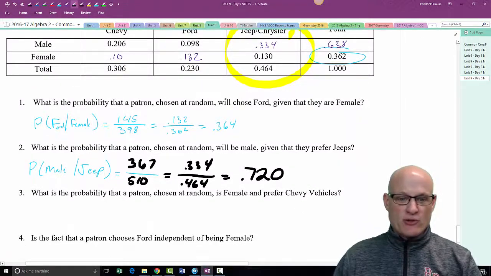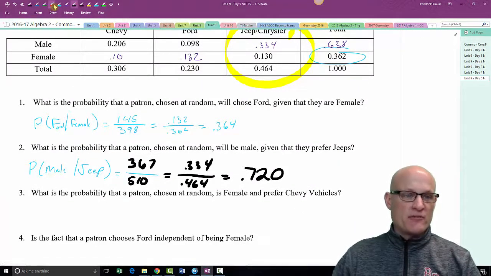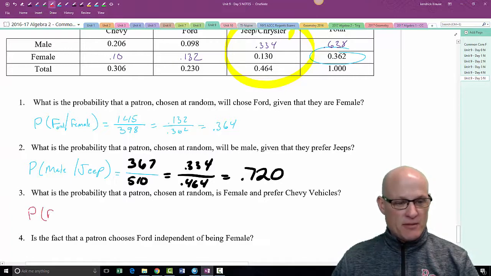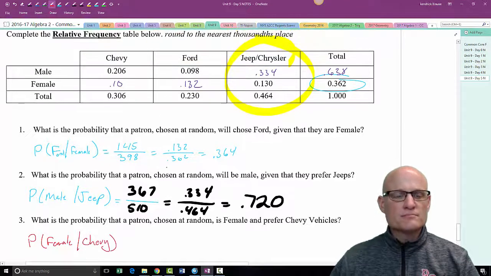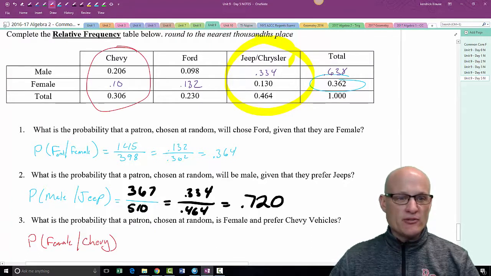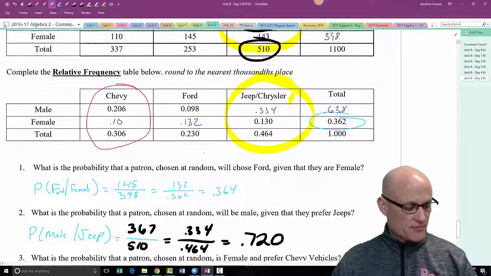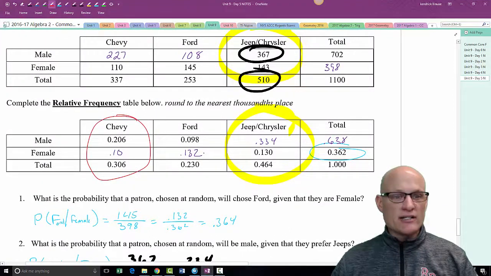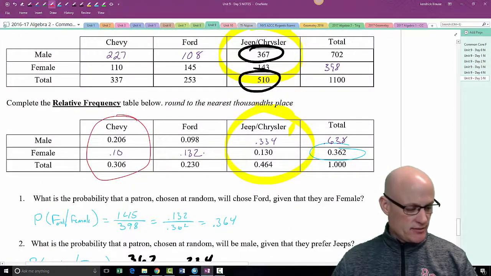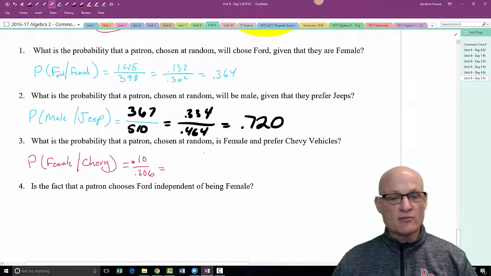What is the probability that a patron chosen at random is female if they prefer Chevy vehicles? So what is the probability of female given that they prefer Chevy vehicles? Chevy vehicles is my new universe, and I want female. So it's 0.10 over 0.306. Oh, I misread this. I totally misread this.